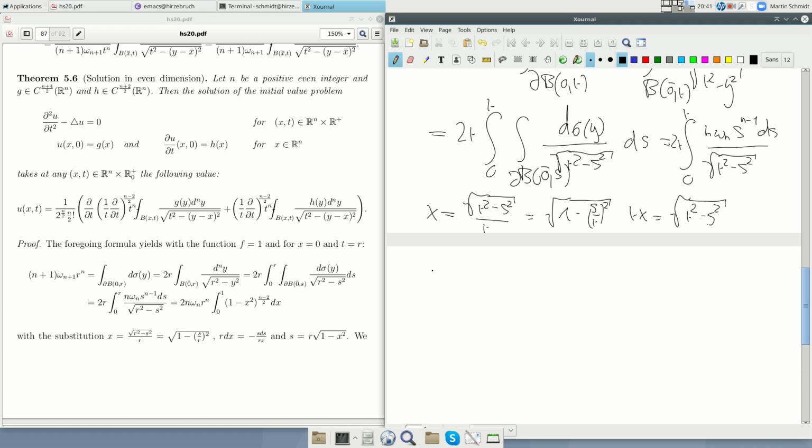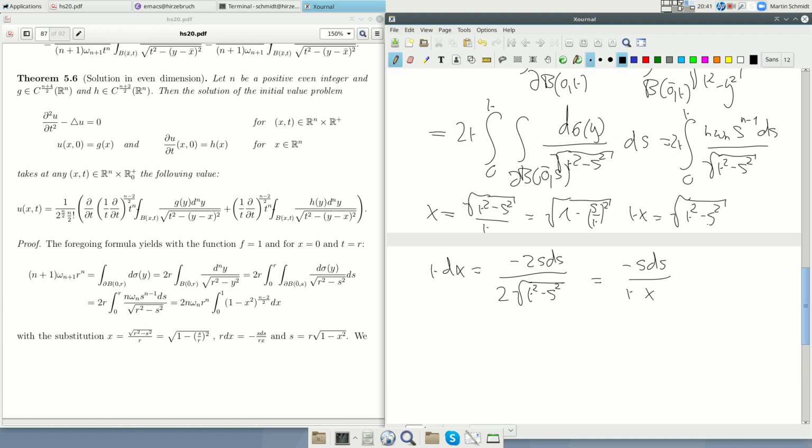So we have R dx equal to minus 2s ds times 1/2 for the square root, over square root of R square minus s square. And this is the same as minus s ds over R times x. So R dx is this expression.